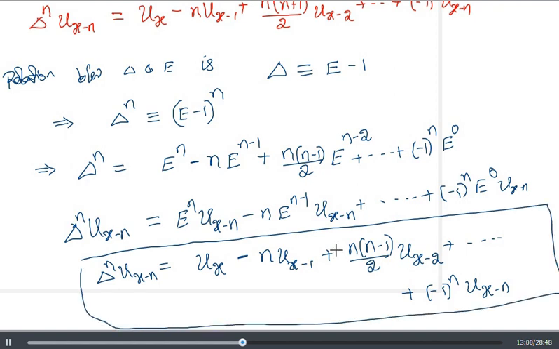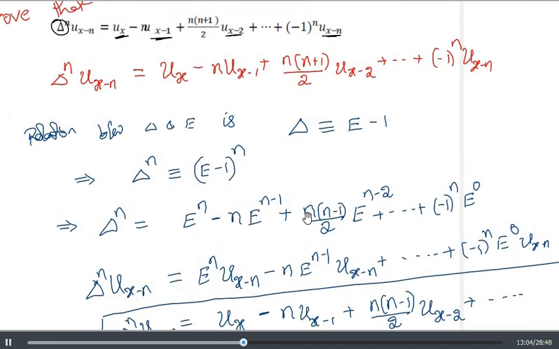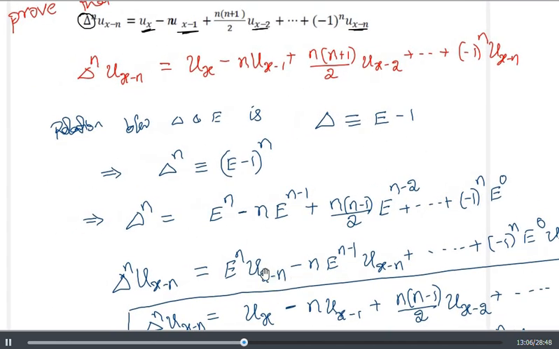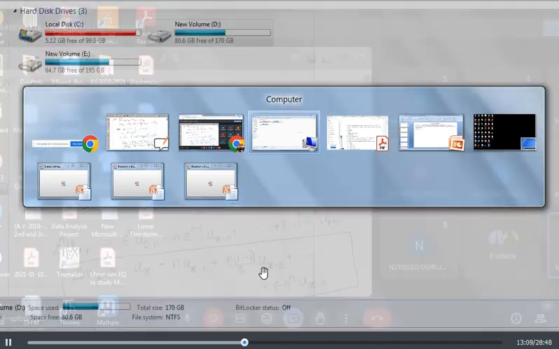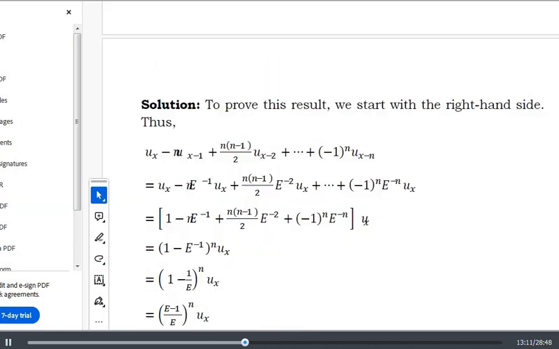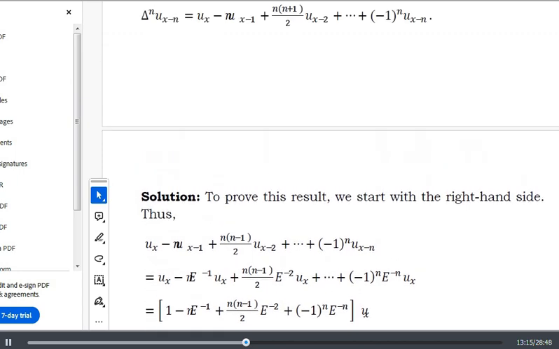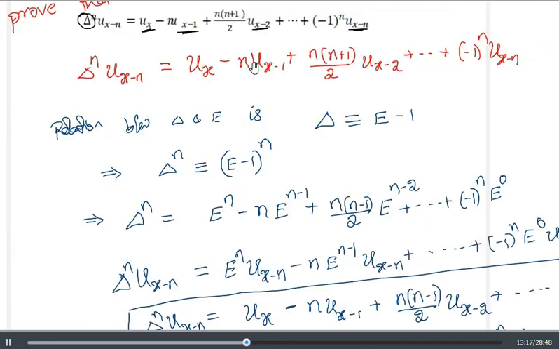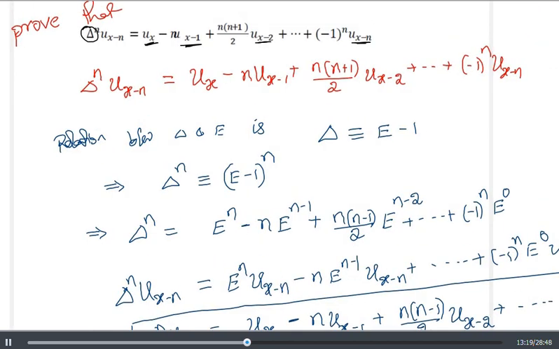I hope everything is perfect except this plus here. Let me just verify with the problem. Yeah, it's a typo actually. Here it is supposed to be n minus 1, not n plus 1.